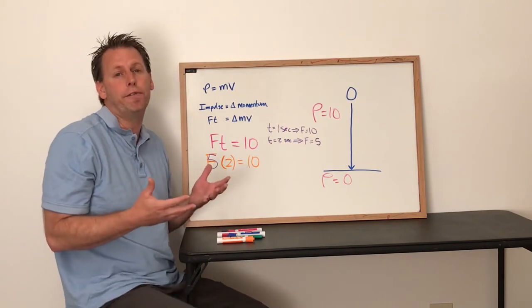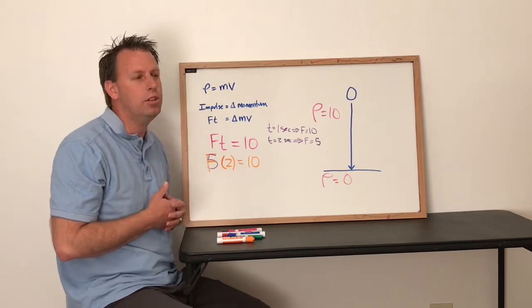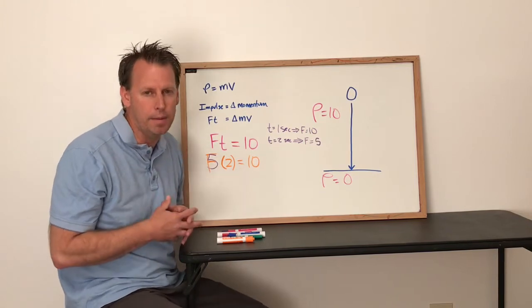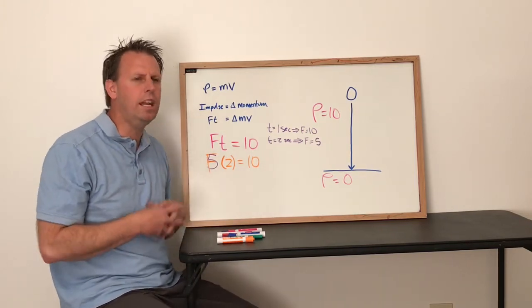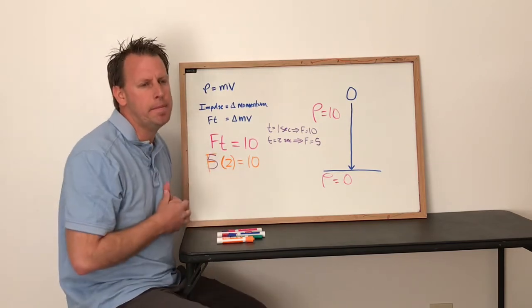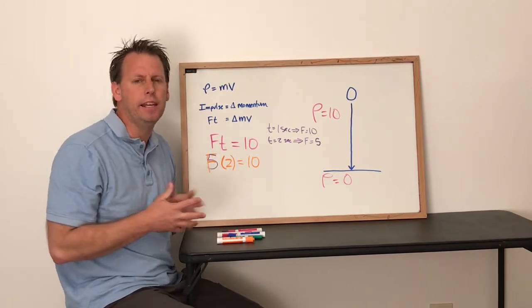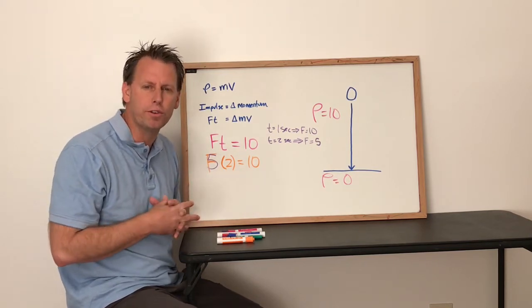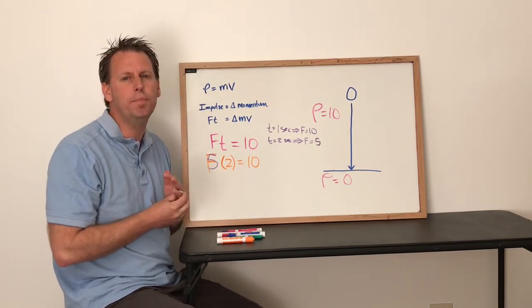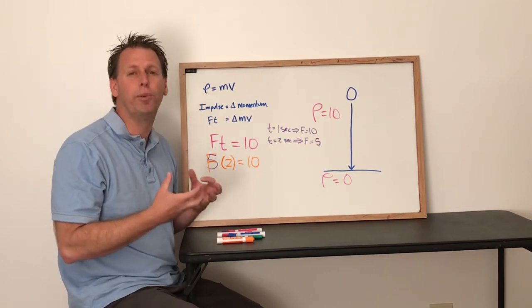Okay, so that's the first thing you want to do for your egg, is you want to extend the time of impact. And you can do that by cushioning. Now, if you watched the video yesterday, you saw a video talking about car crashes and how cars are actually built to crumple.